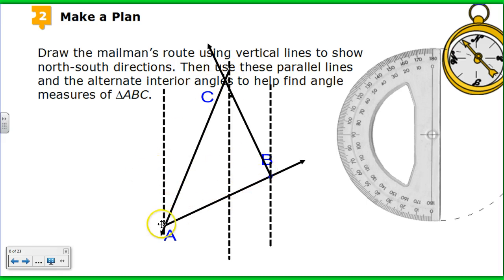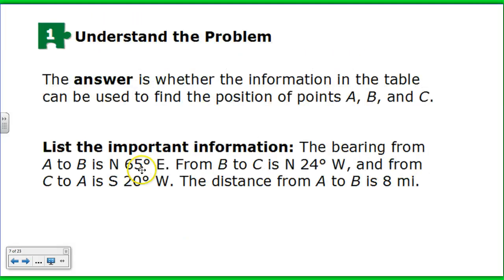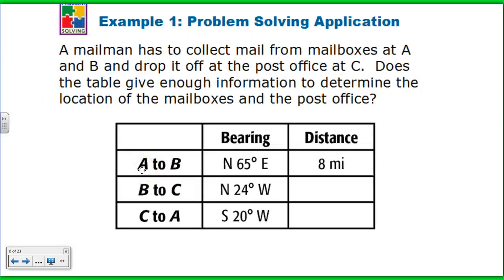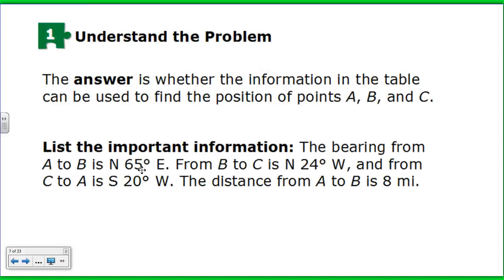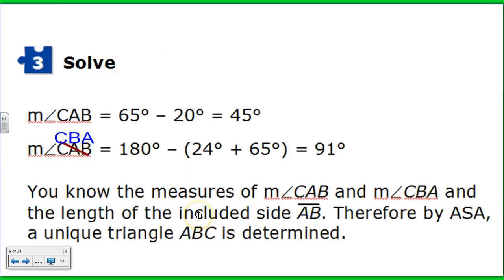So just given the bearing of these different sides, we are able to show where the 3 points are in this question. Okay, and the question was, could we determine the location of the two mailboxes and the post office C? And we kind of did by creating a triangle, post office and the two mailboxes.